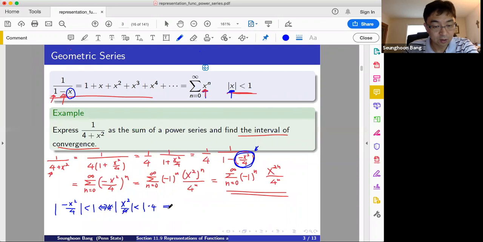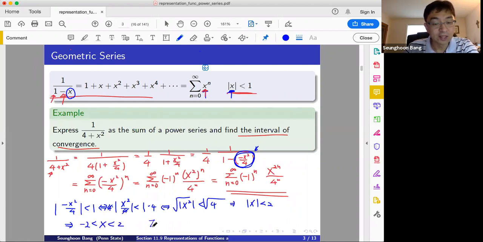So we have the absolute value of x squared is less than 4. Next, take the square root. This is the same as the absolute value of x is less than 2. You have to eliminate the absolute value sign. x is between negative 2 and 2.